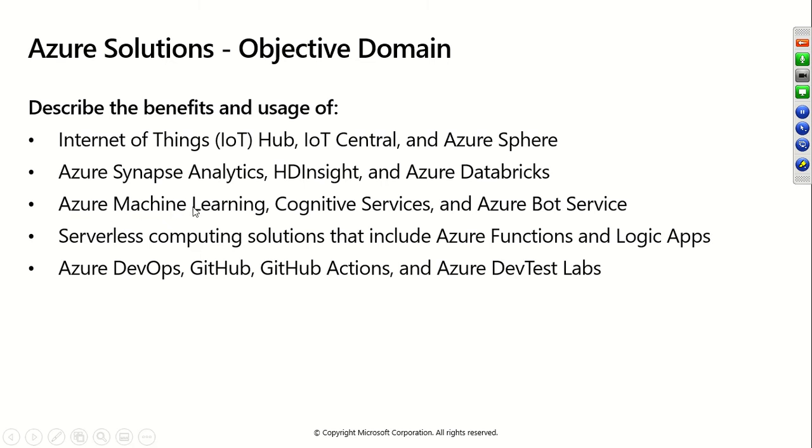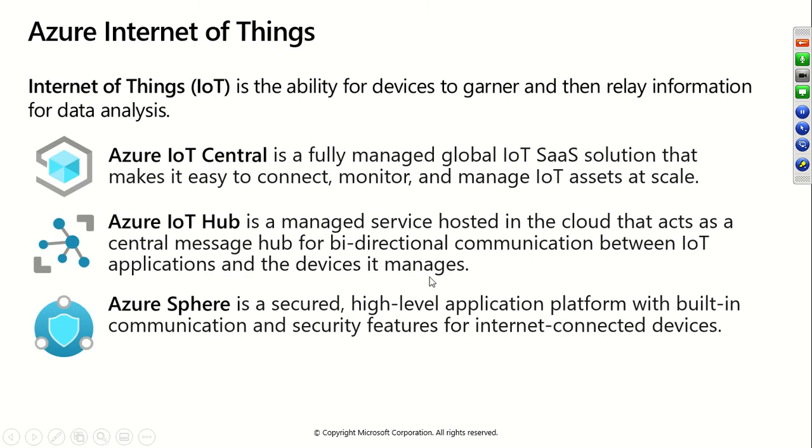You can also use machine learning, cognitive services, and Azure bot services to provide automation. You can use machine learning services to recognize people by their face, their name. You can also use serverless computing. We've mentioned this before. You can also automate your deployments by using DevOps. You can use GitHub Actions, as well as DevOps Labs.